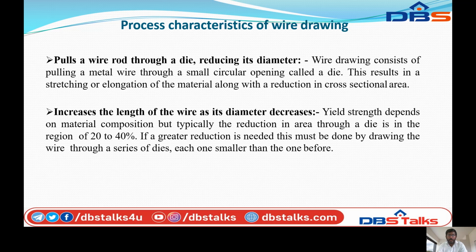We already know about this process from previous classes in the extrusion process. So yield strength depends upon the material composition, but typically the reduction in area through a die is in the region of 20 to 40%. If a greater reduction is needed, this must be done by drawing the wire through a series of dies, each one smaller than the one before.